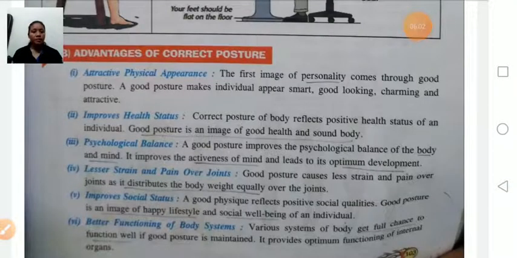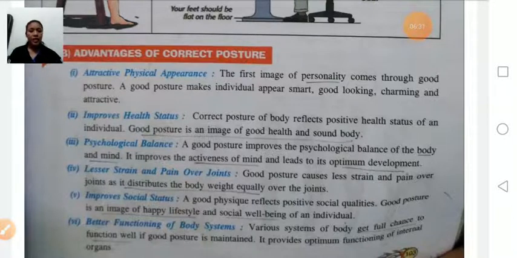Psychological balance: good posture improves the psychological balance of the body and mind. His mind will be active, improving the activeness of mind and leading to optimum development of the mind.